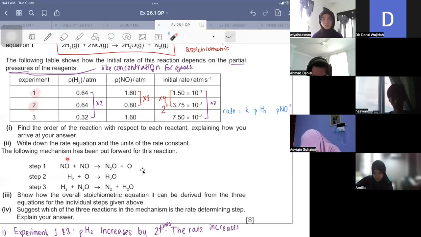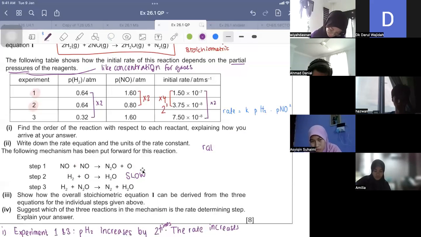If you look at the first step, we've only got 2 nitrogen monoxide, which aligns with our rate equation, but hydrogen is not included. So it cannot be step 1 because there's no hydrogen in step 1. What about step 2? If step 2 is our slow step, the rate equation would look like this: P of hydrogen times P of oxygen atom.